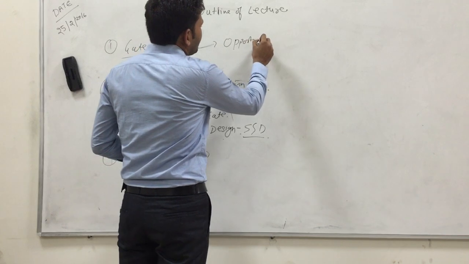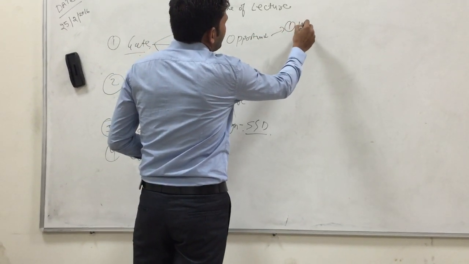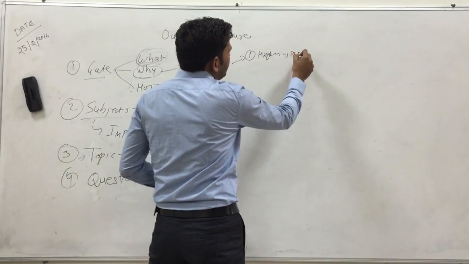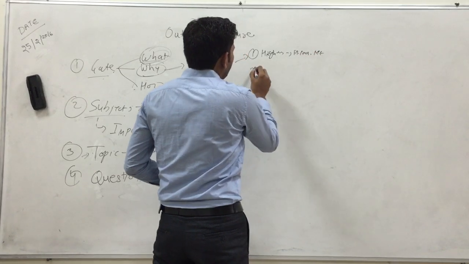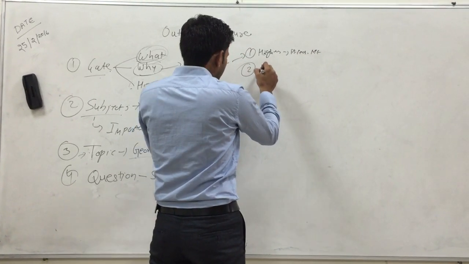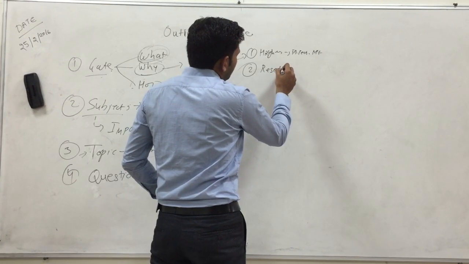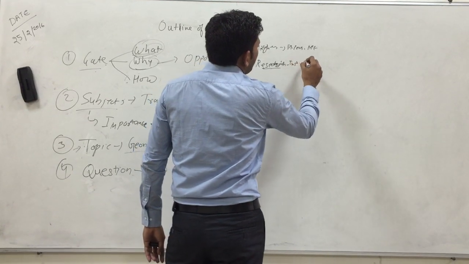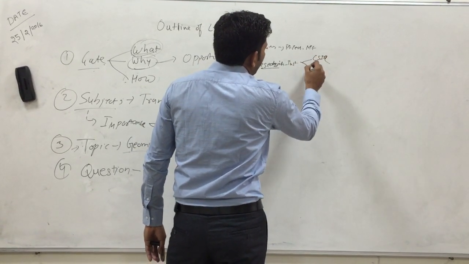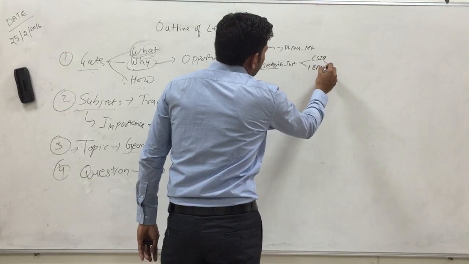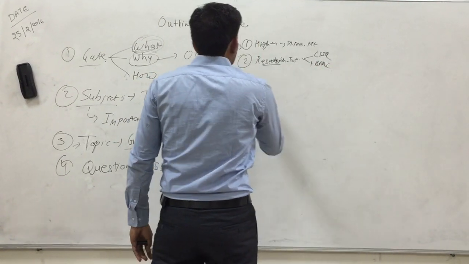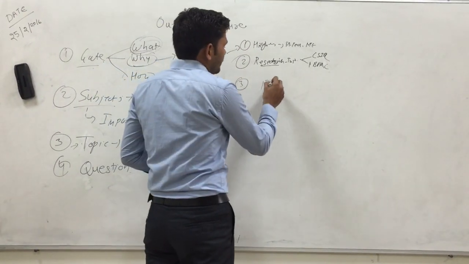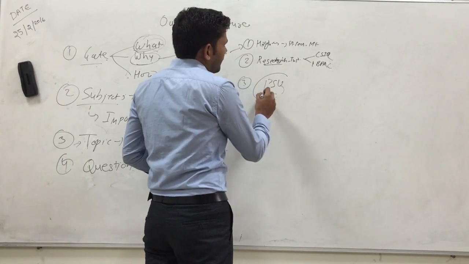after qualifying this examination. Like first, we can go for higher education, that is MTech and ME. Second, we can go for research, in research institutes like CSIR, BARC. Third, there is a golden opportunity: the PSUs, that is public sector undertakings.